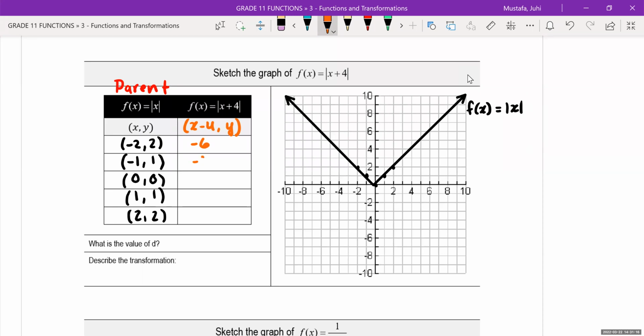So -6, -5, -4, -3, -2, -6, -5, 1, 4, 0, -3.